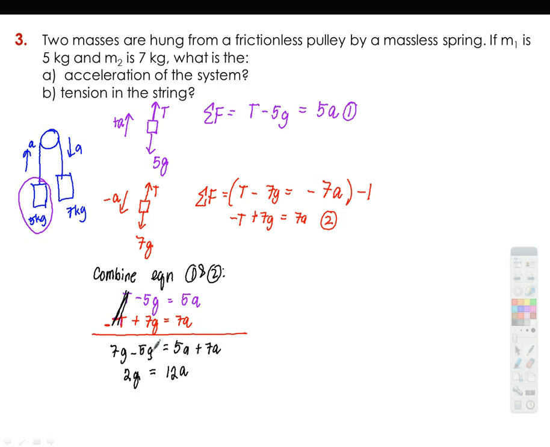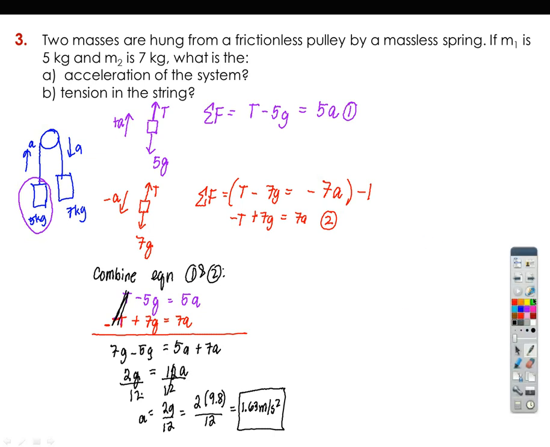Okay, and if you want to calculate for a, divide both sides by 12, and our a would be equivalent to 2g divided by 12, wherein 2 is multiplied by 9.8 divided by 12. Our answer should be 1.63 meters per second squared. Okay, so that is our a.